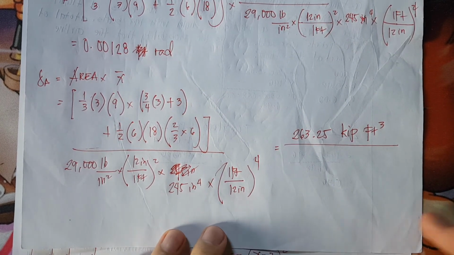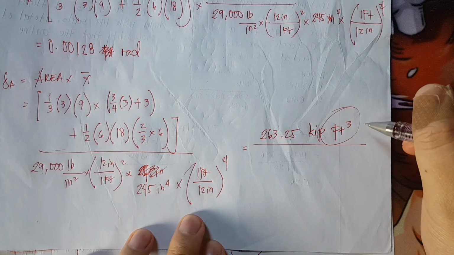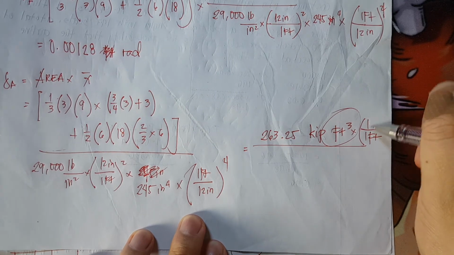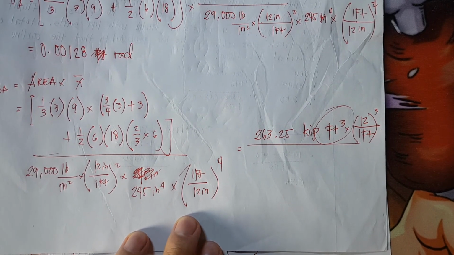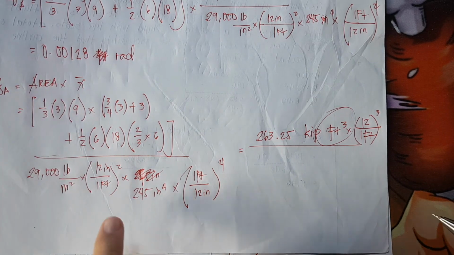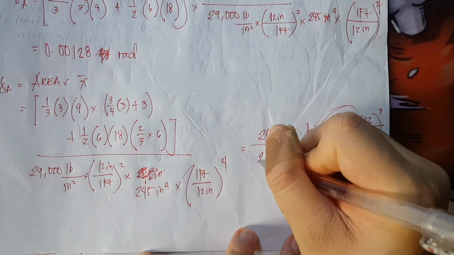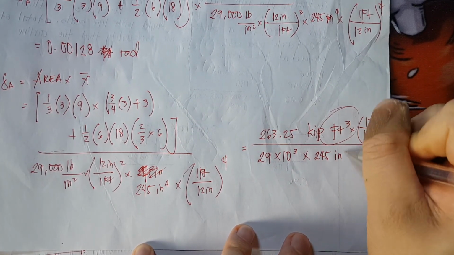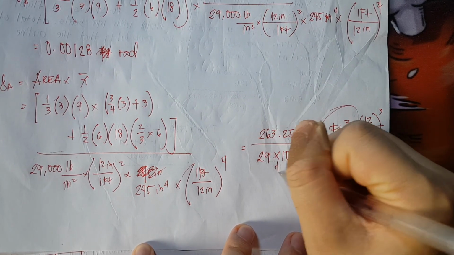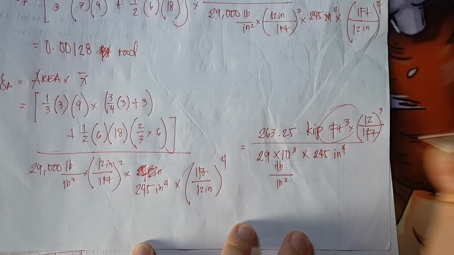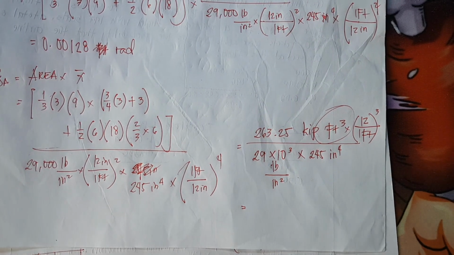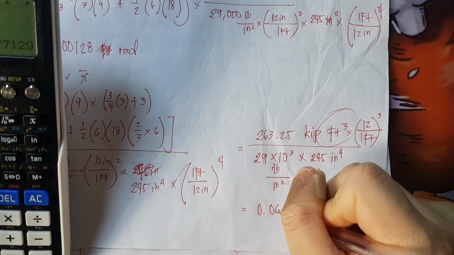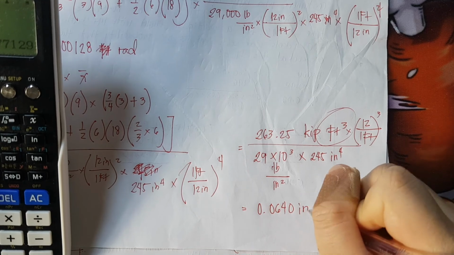So, ang papalitan natin ngayon this time is the feet. Gagawin natin siyang inch. So, times 1 foot is equivalent to 12 inch and that is to the third power. And i-retain natin tong nasa denominator. So, 29 times 10 raised to 3 times 245 inch to the fourth, and this is pound per square inch. Okay? And that's it. The answer is 0.064 T. And that is in inch.